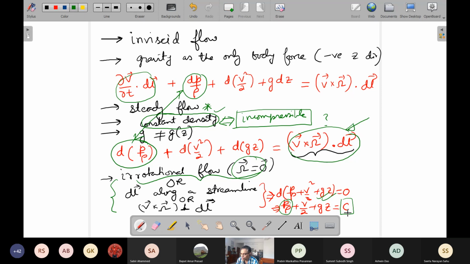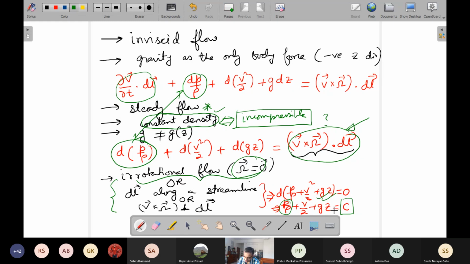That means this is equal to constant, and that constant does not have any other restriction. So what the first observation means is that if the flow is irrotational, then this constant has the same value at all points in the flow domain.